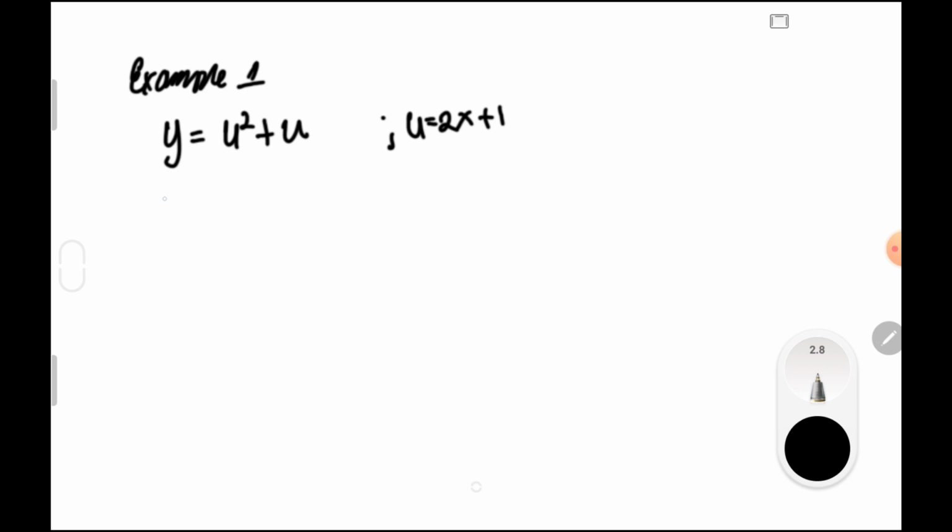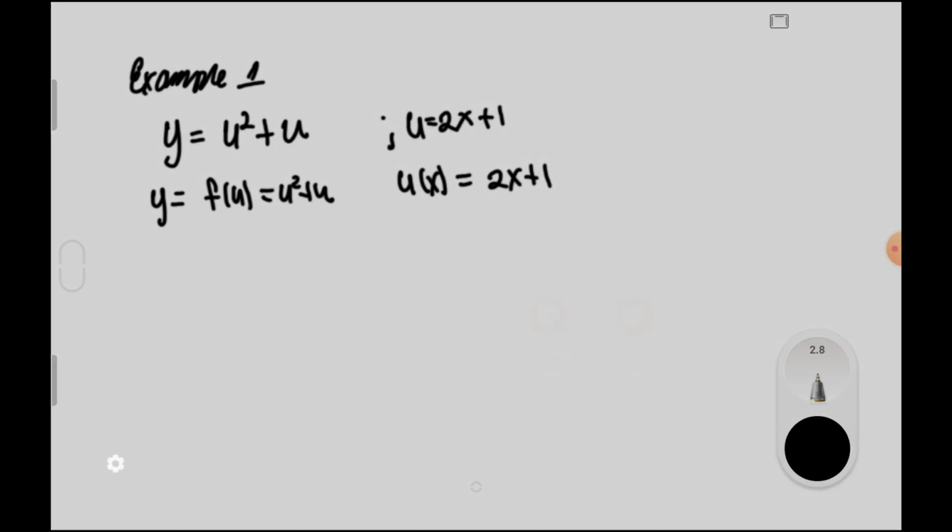As you can see, in this equation, your y can be written as f of u, wherein this is dependent on your u, which is equal to u squared plus u. And also, your u can be written as u of x, which means that it is dependent on x, which is equal to 2x plus 1.